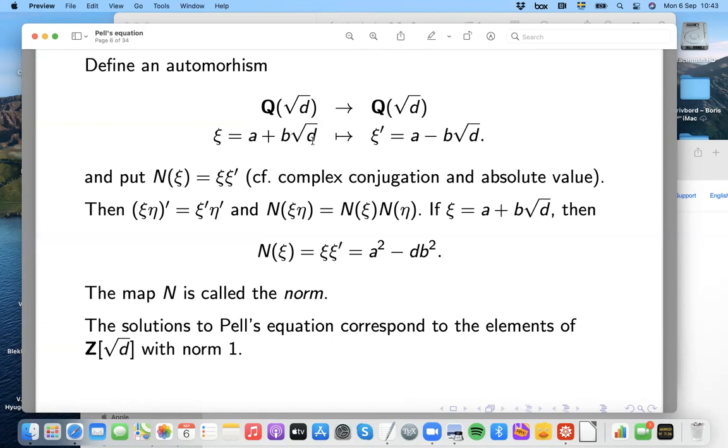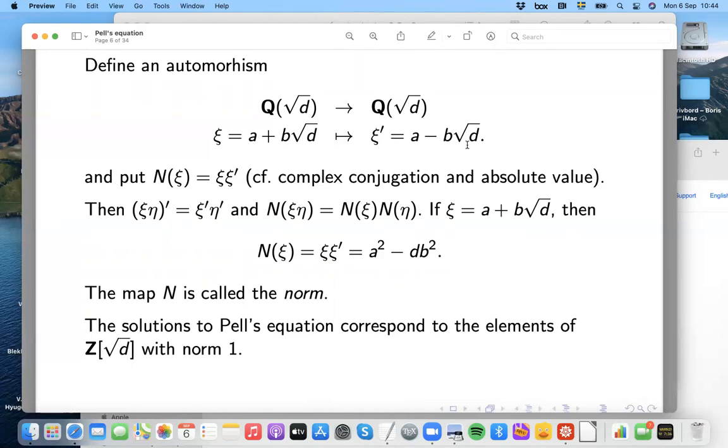And now we'll be defining a kind of involution on this ring, which is similar to complex conjugation. We'll be sending a number a plus b square root of d to a minus b square root of d, changing the sign of the imaginary part.